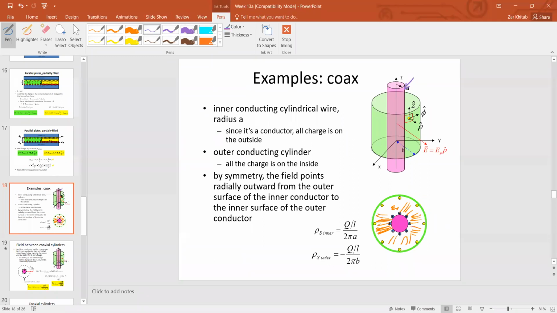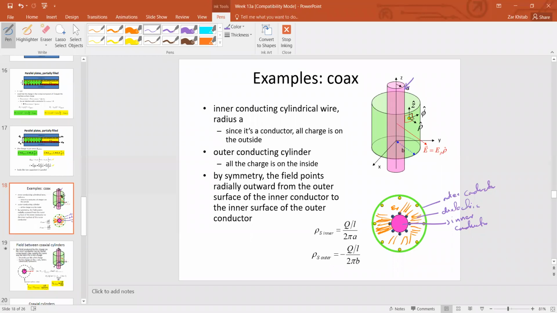So the pink is the inner conductor, the green is the outer conductor, and we have the dielectric. So every coaxial cable has a capacitance.